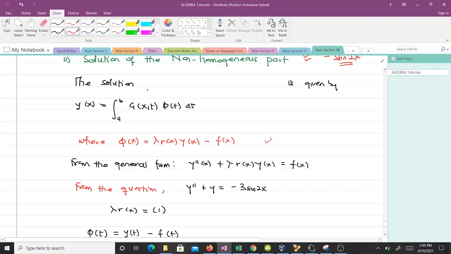Okay, so this is the general form of the differential equation we are considering, where we have y prime prime of x plus lambda r of x y of x equals f of x. When you decide to make y prime prime of x the subject, everything that you get is your phi of x.